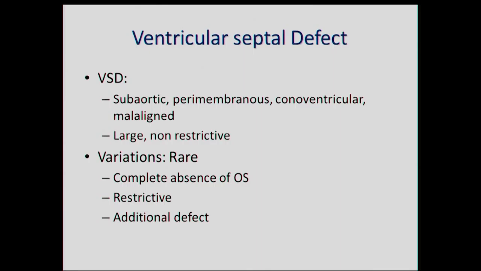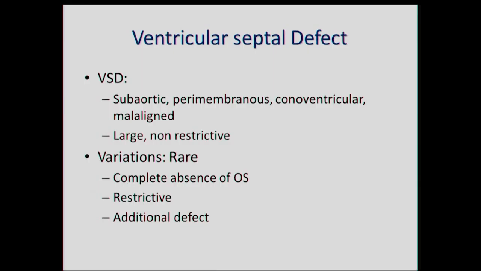Ventricular septal defect is described in different fashions. It's called either subaortic, perimembranous, conoventricular, or malaligned, all meaning the same. Most often, these VSDs are large and non-restrictive. However, there are rarely some variations seen in VSDs.